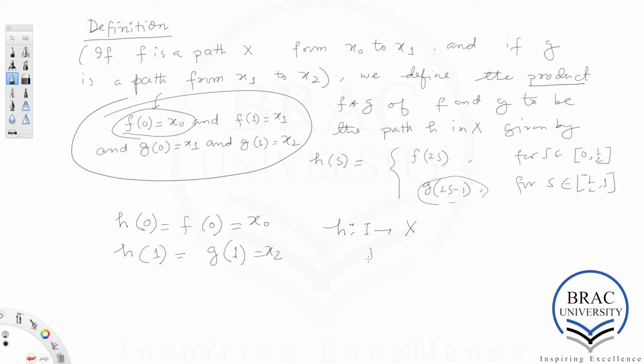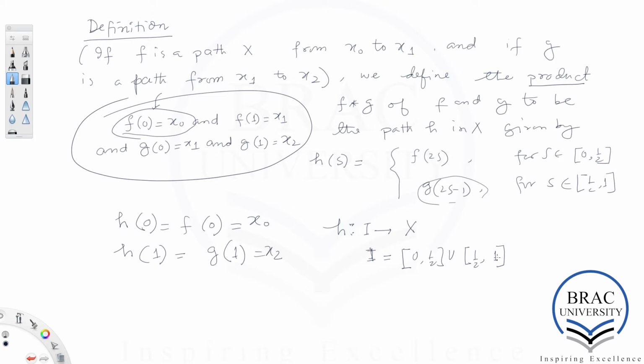Why? Because I, the topological space I equipped with the subspace topology inherited from R, can be written down as a union of two closed intervals, [0, 1/2] and [1/2, 1].